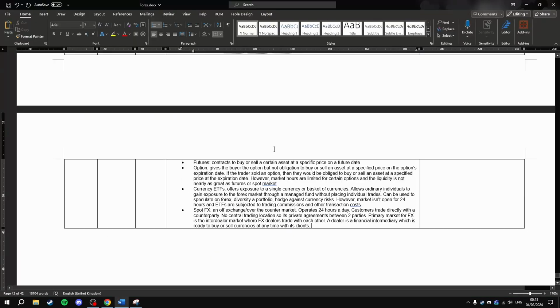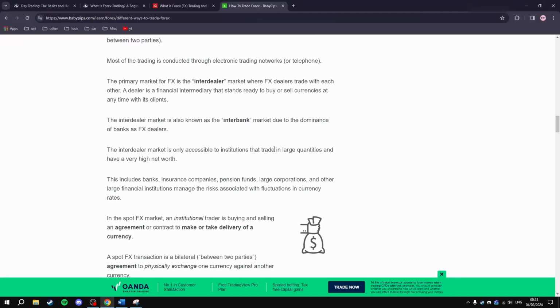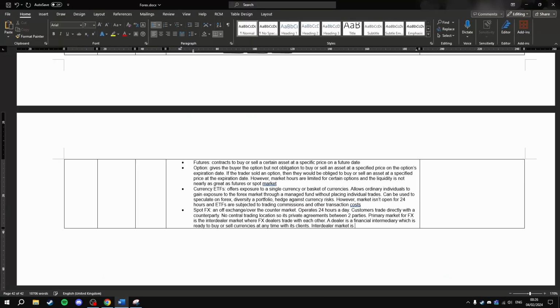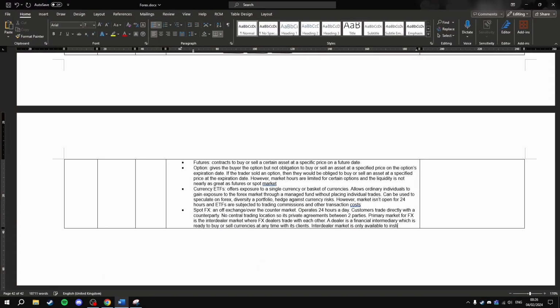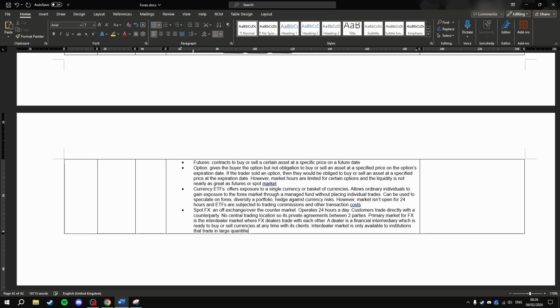Right, okay. So the inter-dealer market is only available to institutions that trade in large quantities and have a high net worth.